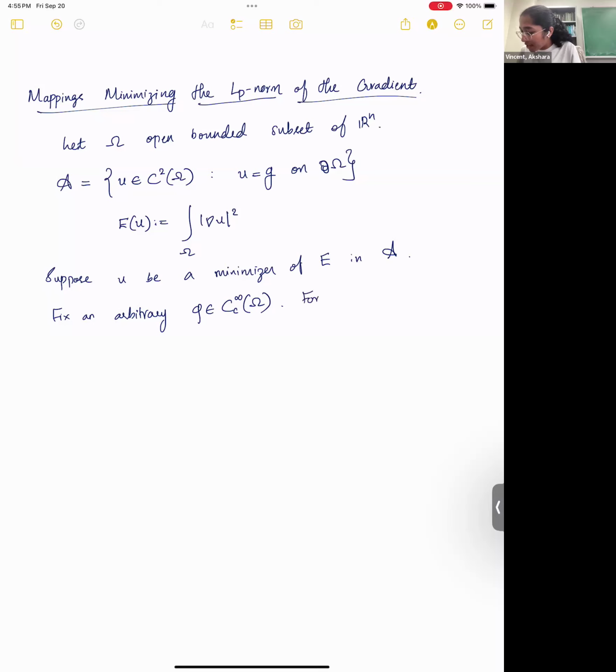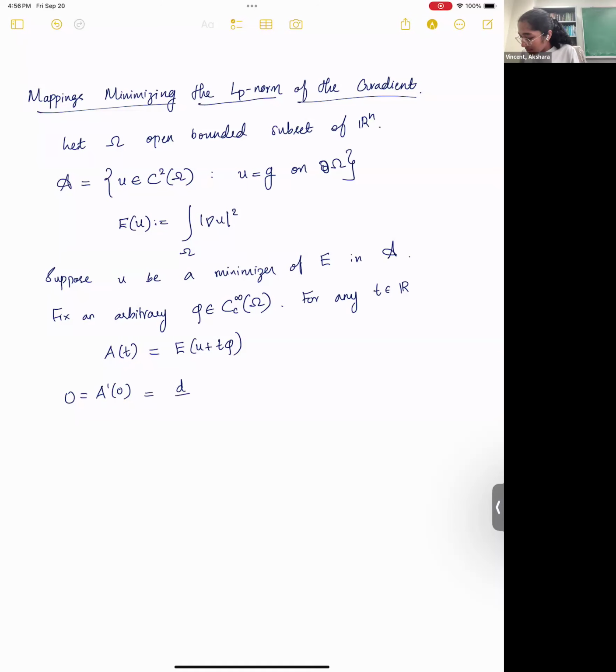And for any real number t belonging to R, we define the function A of t by E of u plus t phi. We see that this function attains a minimum at t equal to 0. So that means A prime at 0 is equal to 0 because u is a minimizer.